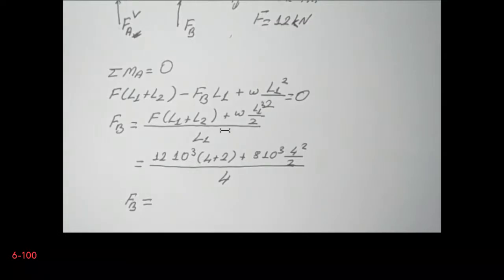So FB is equal to 12 × 10^3 times 4, plus 2, plus 8 × 10^3 times 4 squared divided by 2, then I will divide the whole expression by 4.